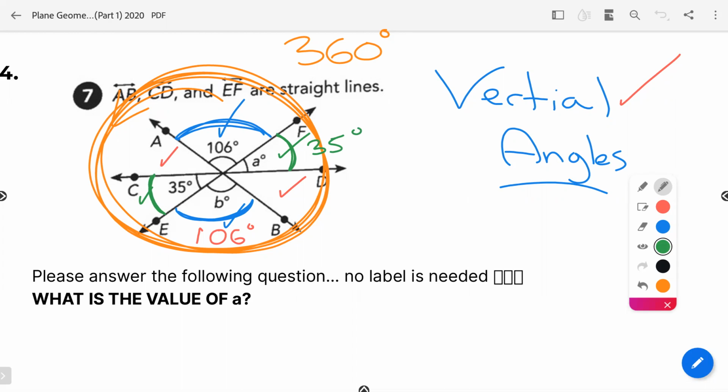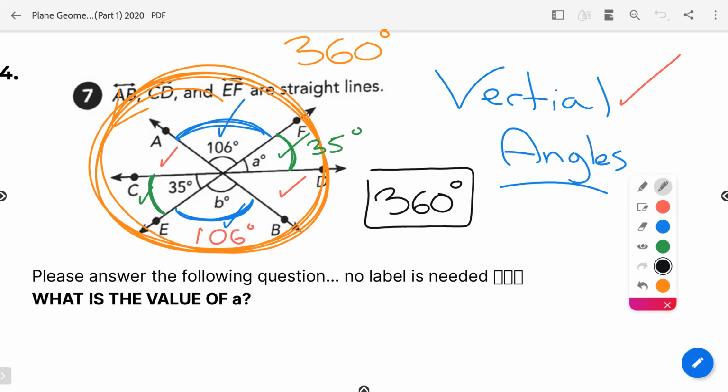Now I only have two pieces that are essentially missing. So this is the stage where you get your calculator, okay? Because you know overall they have to add up to be 360 degrees, the total of all six angles that you see on your page. So slowly but surely start subtracting from 360 the angles you know.